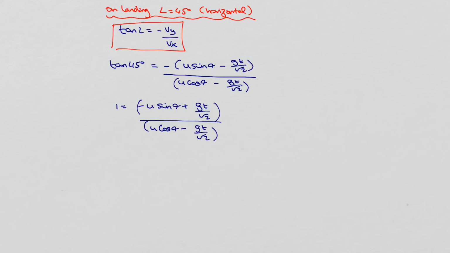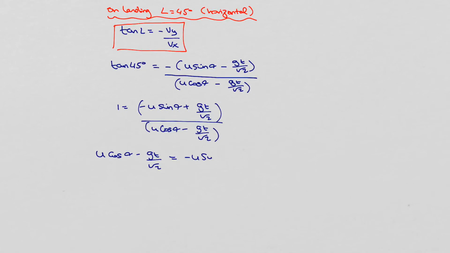So I'm going to multiply across there, which gives me u cos alpha minus g t over root 2 is equal to minus u sine alpha plus g t over root 2. Okay, so we're going to try and get t on its own here. So we want to bring all the t's to one side. Therefore, I'll multiply across by root 2 as well there.